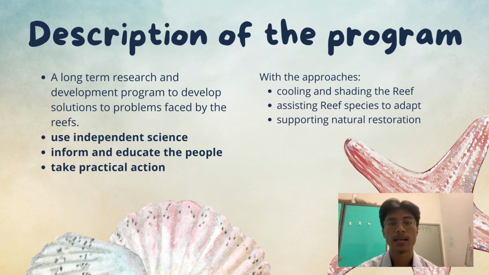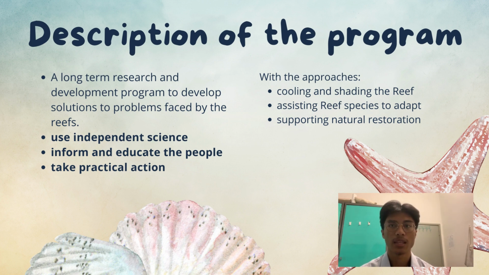They also take practical action, funding hard work and innovative technologies which can help to protect and maintain the conditions of the Australian reefs. And lastly, they come up with approaches such as cooling and shading the reef, which aims to help protect the reef from the impacts of climate change.